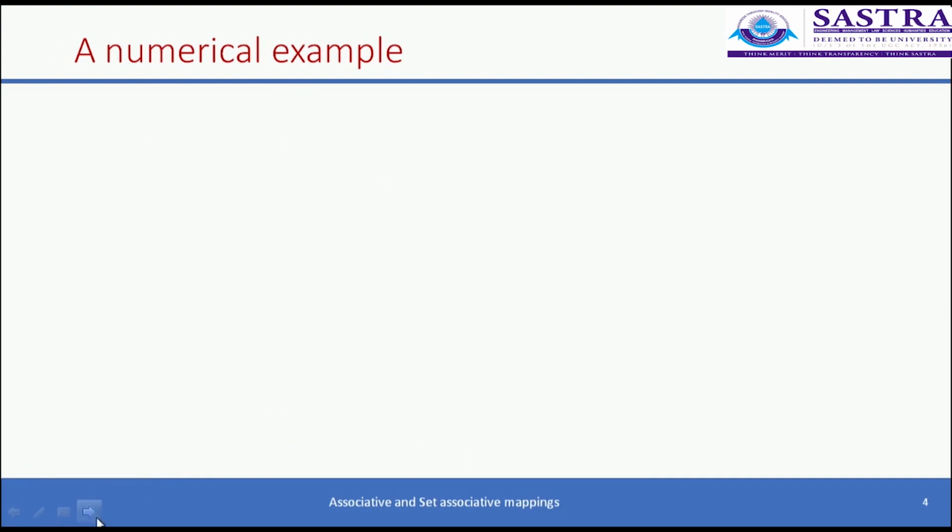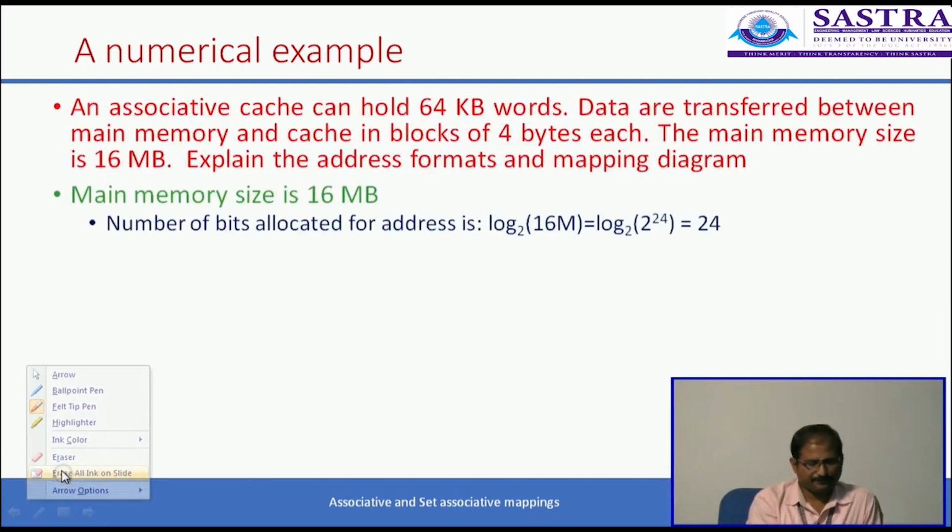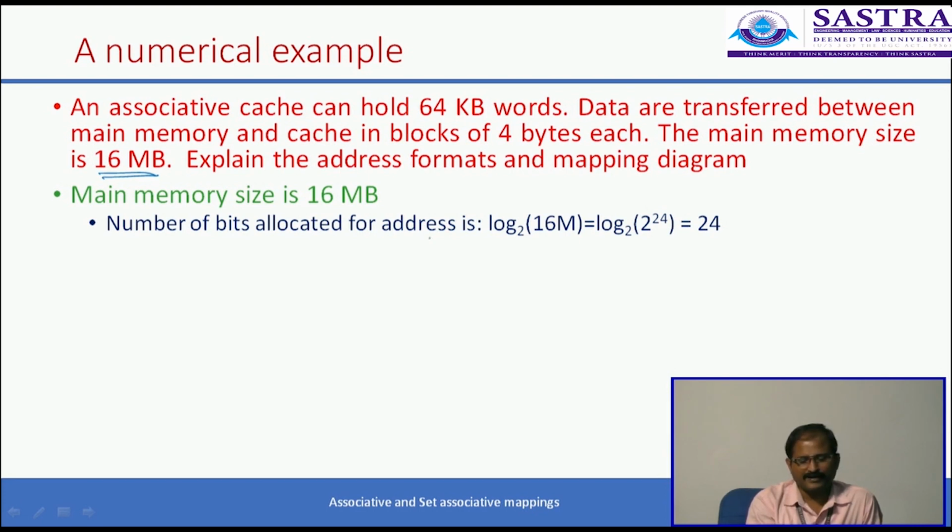So, let us see one numerical example. It is given the main memory size is 16 MB. So, the number of bits allocated for address is log 16M base 2. 16 is 2 power 4, mega is 2 power 20, so 2 power 24.